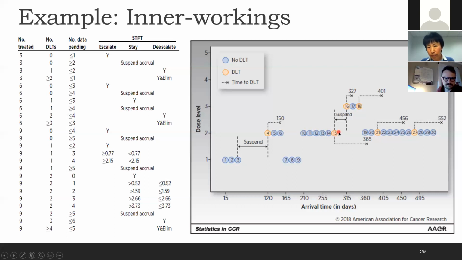So at this time, by day 300, we are treating 9 patients at dose level 2.